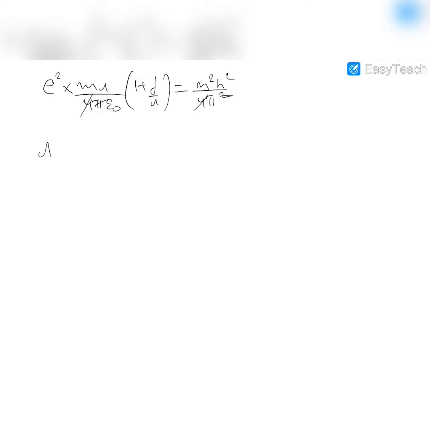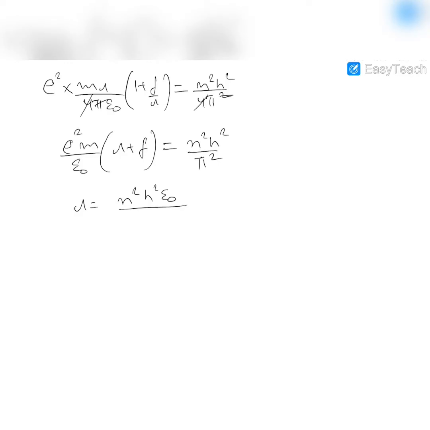So r, we are multiplying it, so it would be e square m by epsilon naught, in fact this is r plus del, and that is equal to n square h square by pi square. So the value of r will be equal to n square h square epsilon naught divided by, and this is only pi, yeah, so it is divided by e square m, and this is pi minus del.